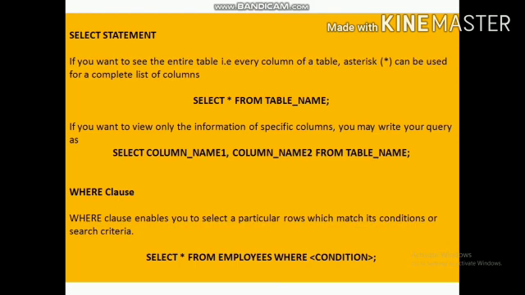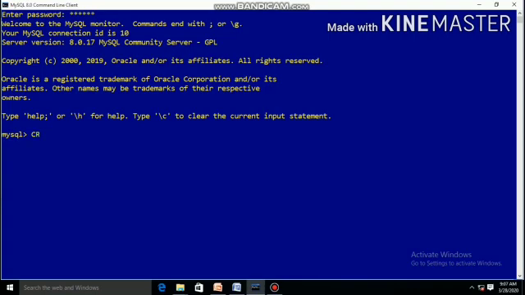Let's understand these commands by doing practical. So let's go to our MySQL prompt. Here I run the statement create database, and the database name is Rishikulians or Rishikul students, whatever you like. Using this statement we can create our database.